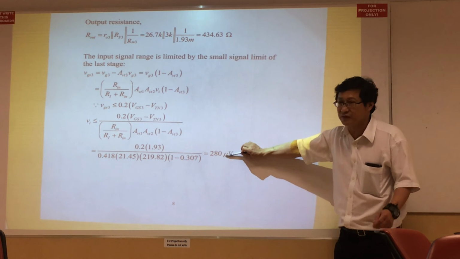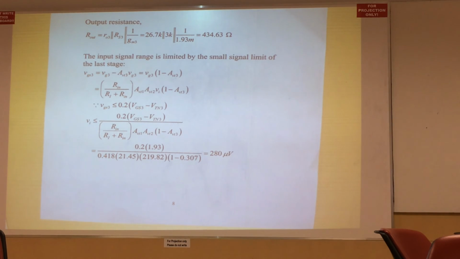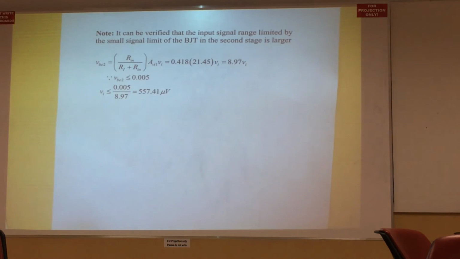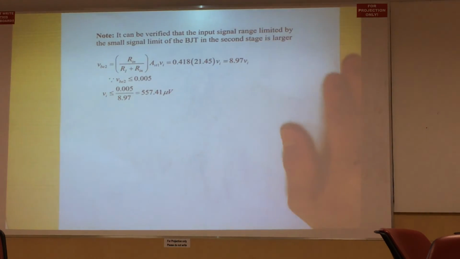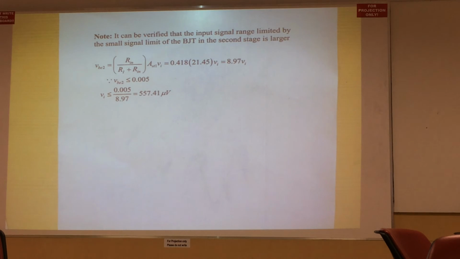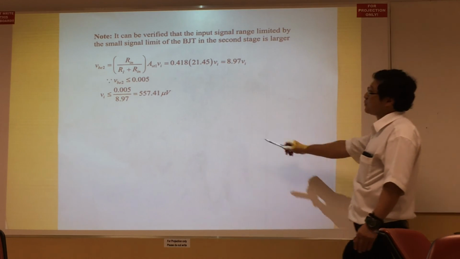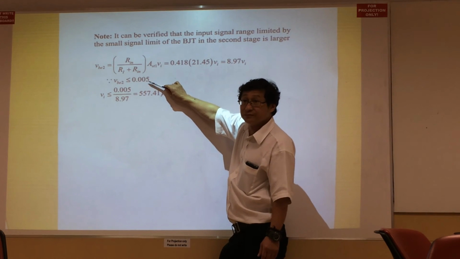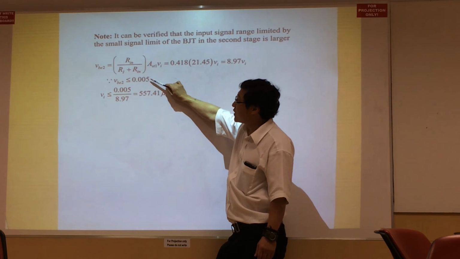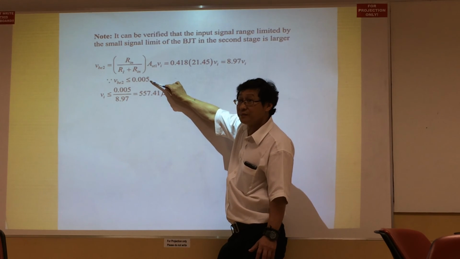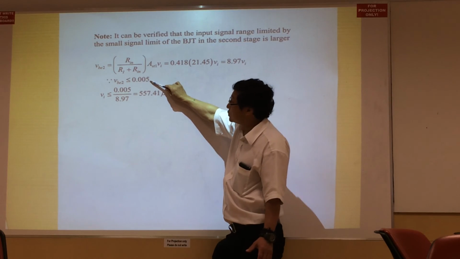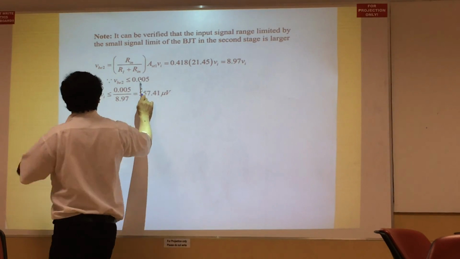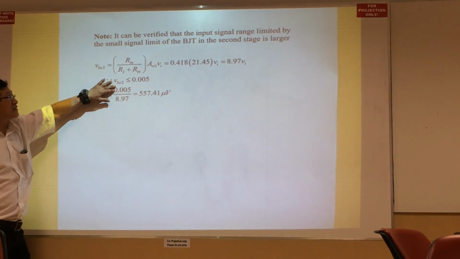So we end up with this equation. Now, this is referring all the way to the output VGS. Now we have to relate it to the second stage as well. To find out the second stage, we found that VBE must be smaller than 5 millivolt. Correct? Anything more than 5 millivolt, the transistor becomes nonlinear. So again, we have to relate it to the second stage VBE.